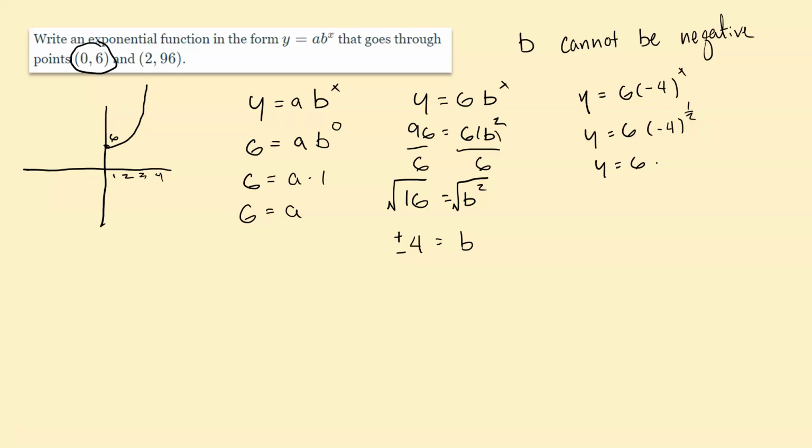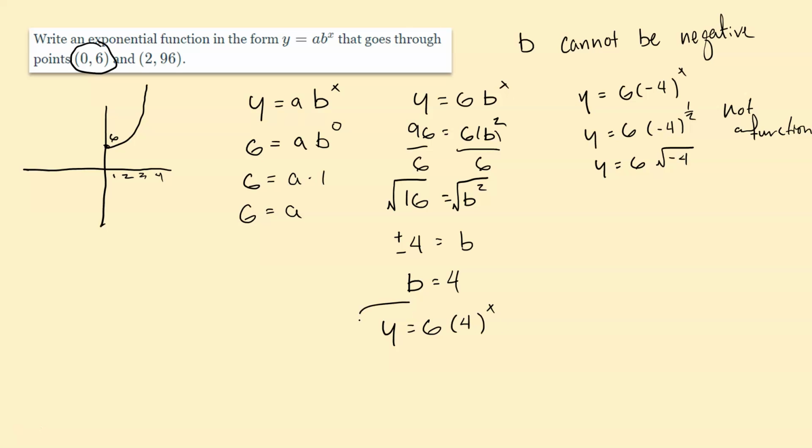That's the same thing as the square root of negative 4. You can do that, but you'll get an imaginary number, and that means it's not a function. That is not a point that we can find on our graph, so this is not a function. So that's the case for any b value. B cannot be negative, so that means we can go ahead and throw out that negative answer and just say b equals 4.